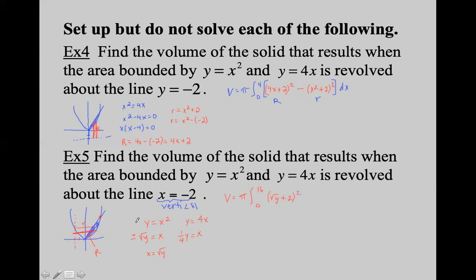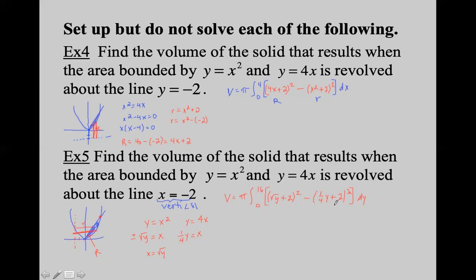Remember, that's the one that's furthest away from your axis of revolution. Minus little r, which is 1/4 y. How far is that from the axis? Well, it's 1/4 y to here, plus another 2 units. We're going to square that. And the whole thing is not dx, it is dy. So that's our setup on that.